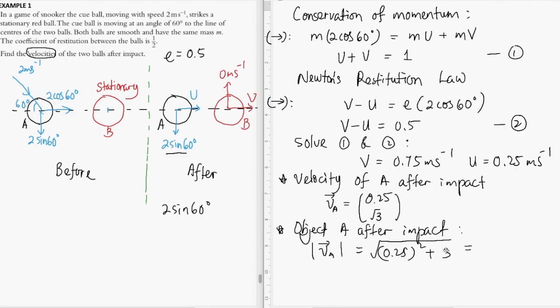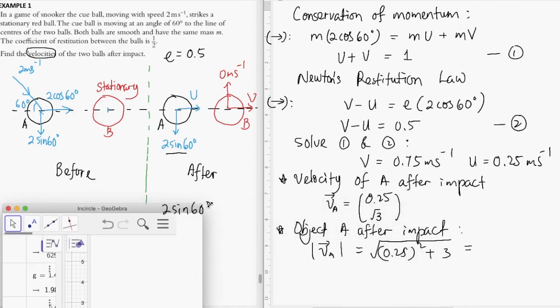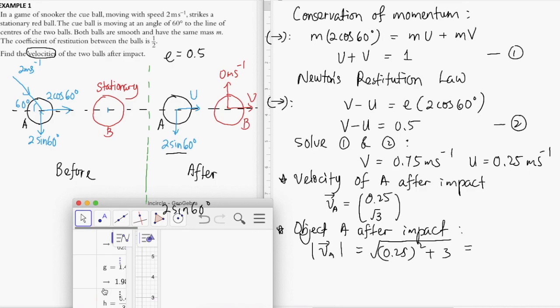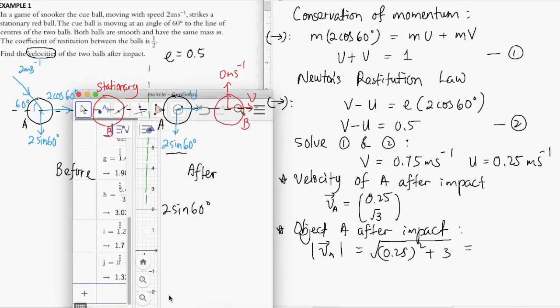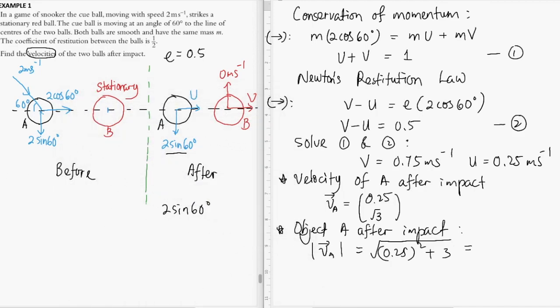Let me calculate this. The square root of 0.25 squared plus 3 ends up as 1.75, so we can write that it has a speed of 1.75 meters per second.